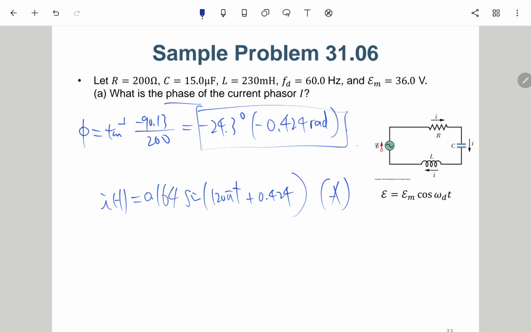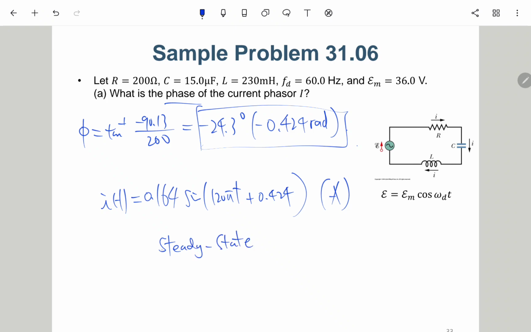So we don't need to solve any ODE. We don't even need to write out the ODE. Using the phasor, we just play with complex numbers, and then we can directly get the result for the steady state response. Of course, it's only the steady state response.